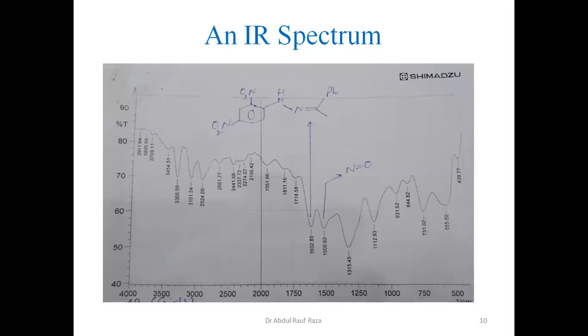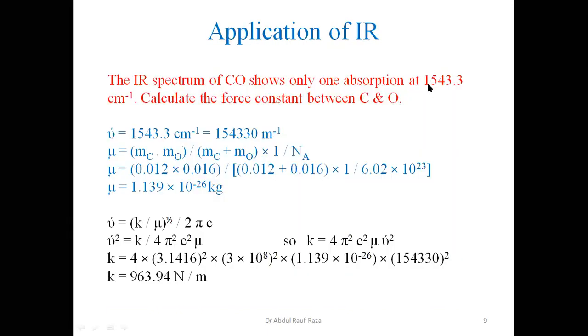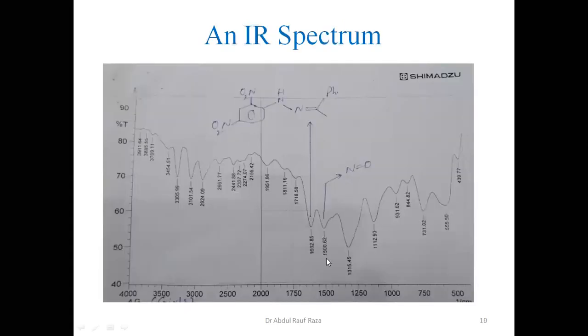For example, if I present carbon monoxide absorbing at 1543.3, look here, 15 something. This is not the carbon monoxide spectrum. This is a spectrum of this organic molecule. In the carbon monoxide case, only one signal is absorbed, only one absorbance.